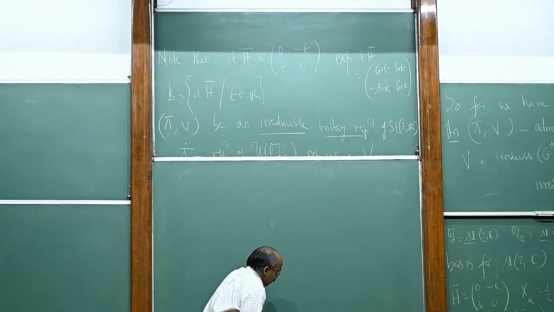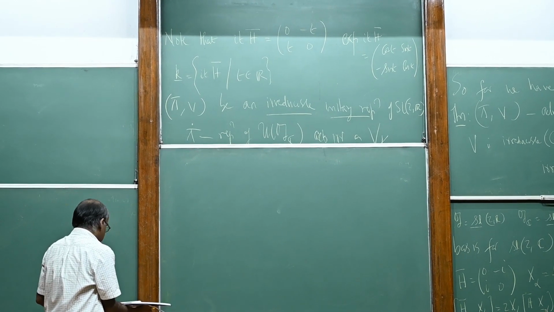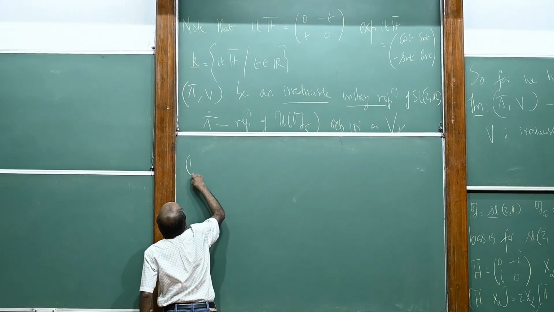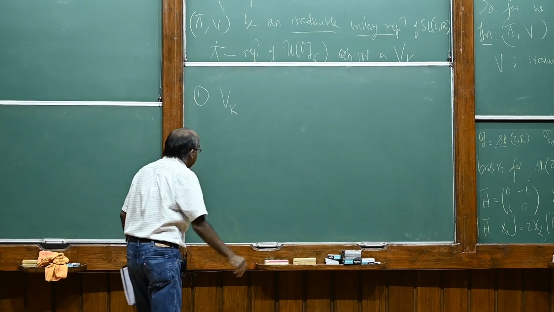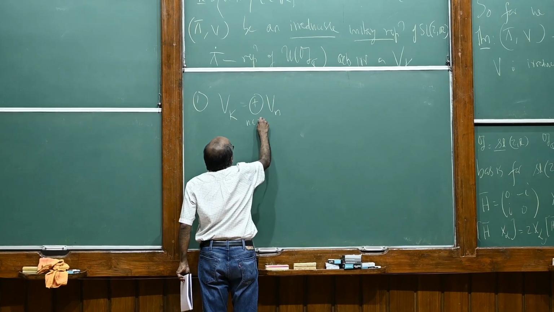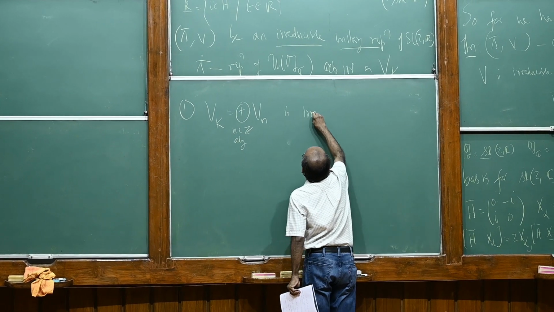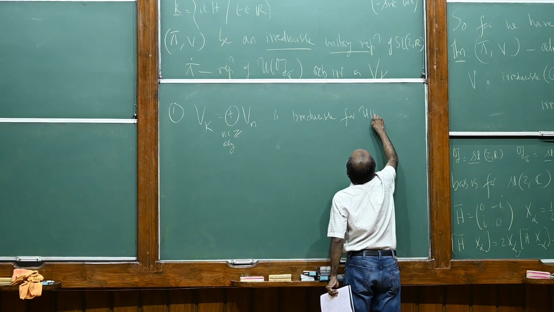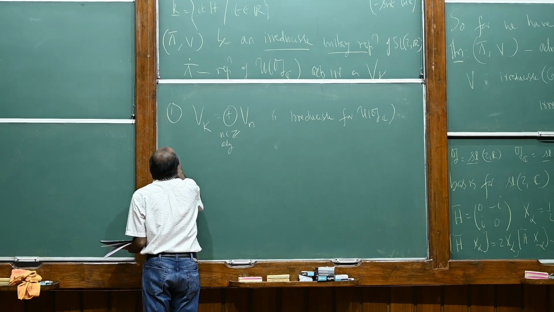I'll write it down just to set the stage for the classification. What do we know on Vk, the K-finite vectors? This is the direct sum of the Vn, n in Z, and it is irreducible for U(g_C).